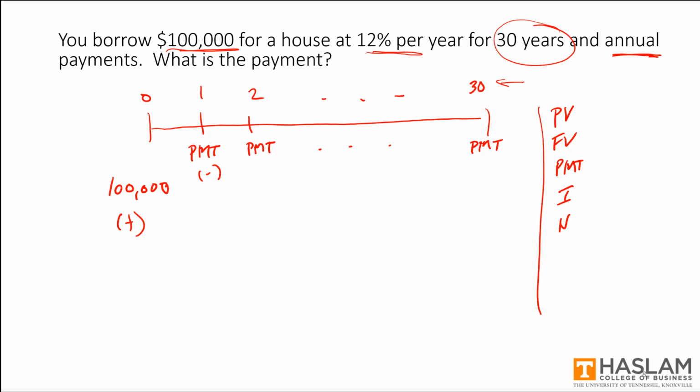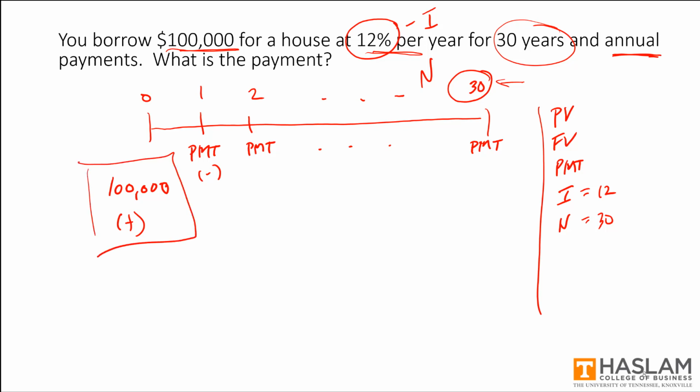All right, what else do we know? Well, we know that this timeline has 30 payments, so that's going to be N. We know that there is an interest rate of 12% per year, so that's going to be I. So I'll go ahead and put my 30 here and my 12 here. This number here, since it occurs at time 0, is going to be PV.